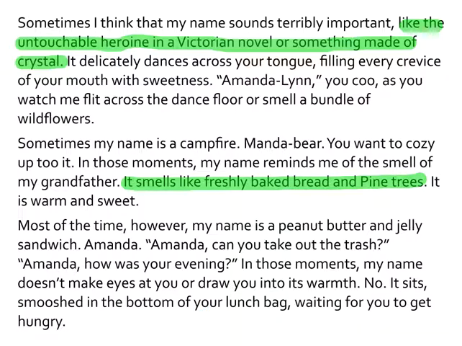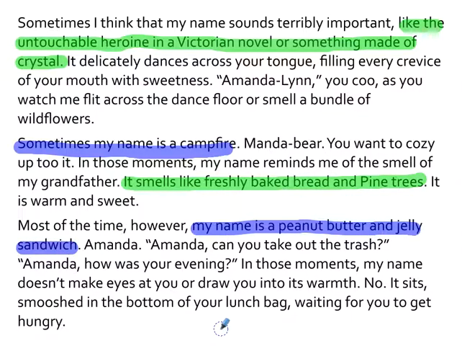Okay, so those are all the similes. Let's find the metaphors. I have one here. Sometimes my name is a campfire. I'm comparing my name to a campfire. And then here, my name is a peanut butter and jelly sandwich. Comparing my name to a peanut butter and jelly sandwich.